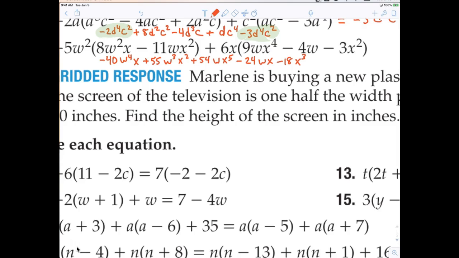No. Does everybody agree? All of the variables are different: w to the fourth and x, w cubed and x squared, w and x to the fifth, wx and x cubed. They are all different, so you cannot combine any of those. Everybody happy with that?